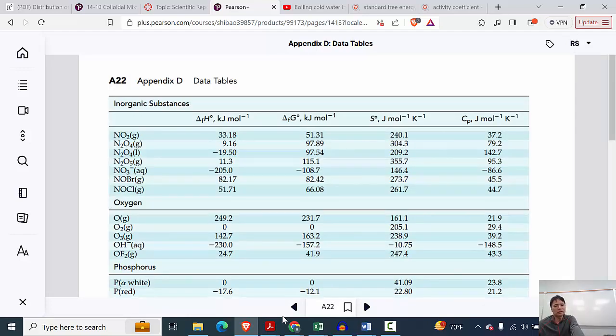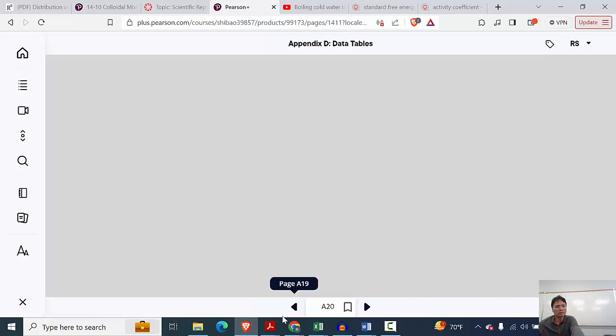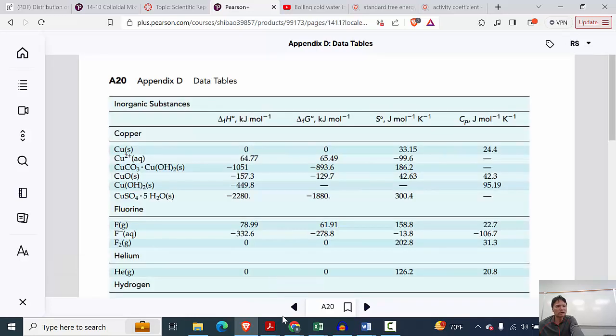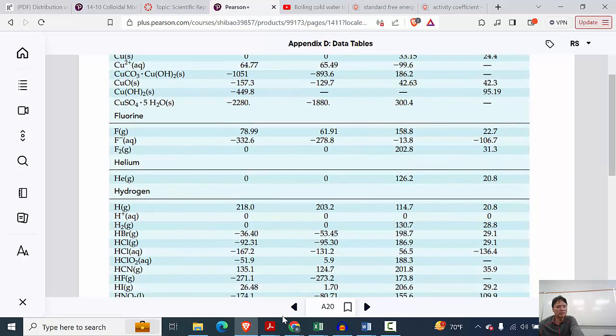So gold is a G for gold. This is alphabetical, so I'm going to go C, copper, F, fluorine, H. So fluorine to helium, I should have gold in between here. So gold is missing on this. If I don't have gold here, can I calculate it? No. Not using the delta G's of formation.